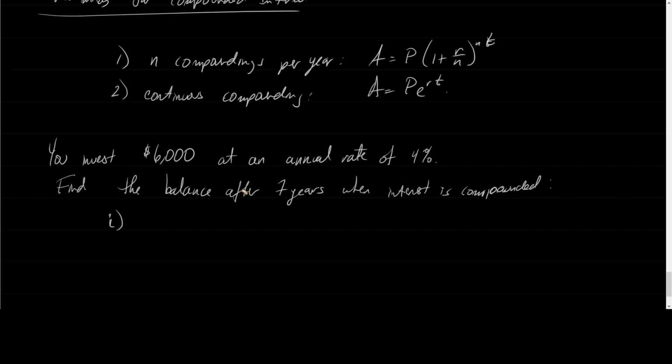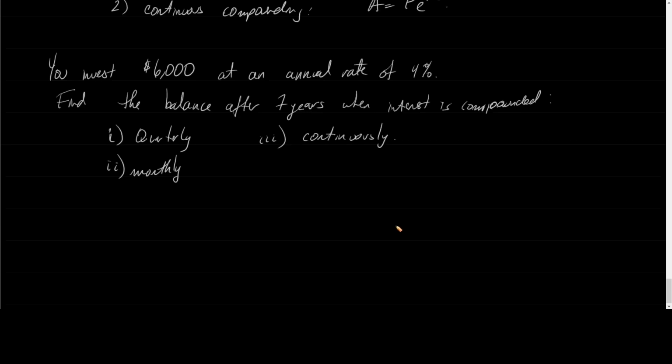First, we're going to look at it as quarterly. Then we're going to look at it as monthly. And finally, we're going to look at it as continuously. All right. So, what does this actually tell us?